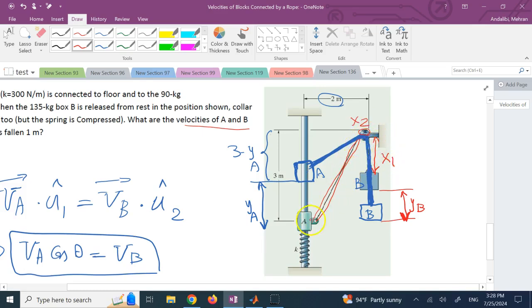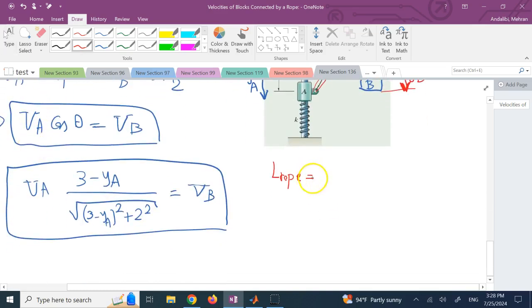So this hypotenuse is clearly square root of 3 squared and 2 squared, right? So it is going to be this plus X1 plus X2. Then I calculate the length of the rope in situation 2.